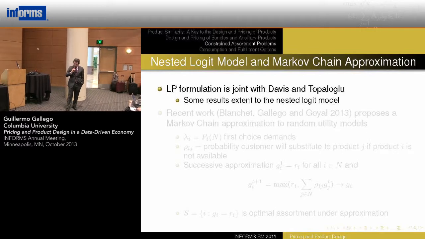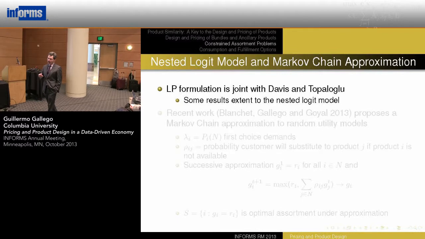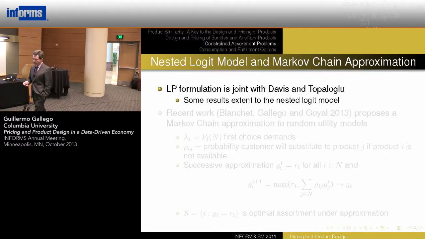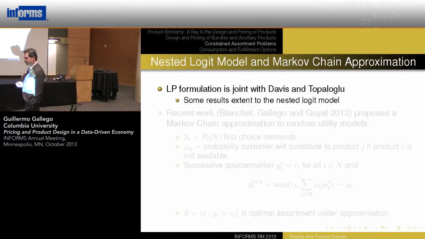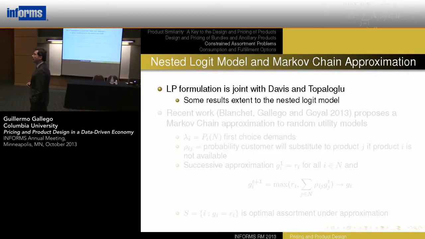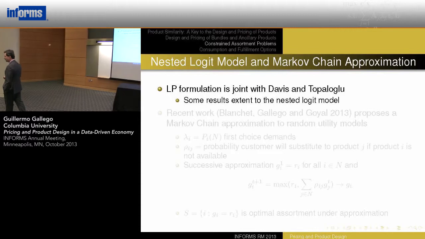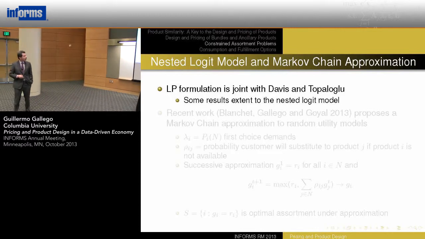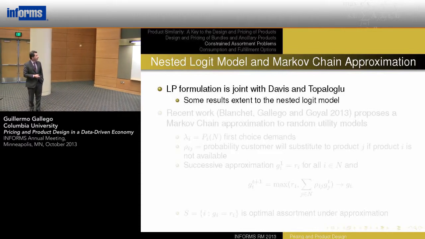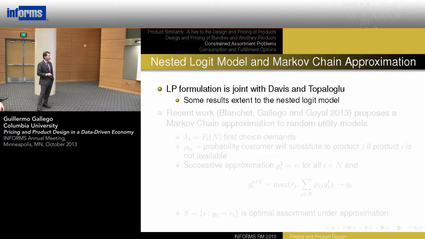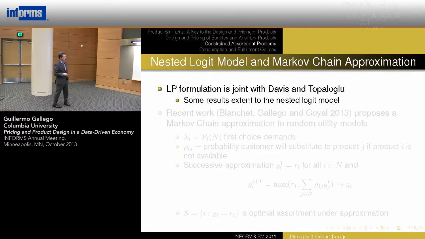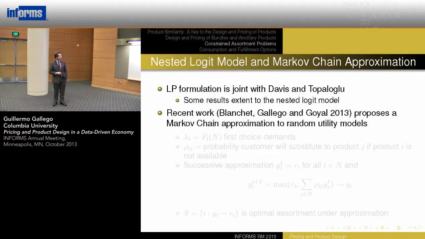But we're still concerned that even the generalized attraction model or the nested logit model may not always be able to really capture what's going on in terms of consumer choices. So recently, we've developed a Markov chain approximation to random utility models. This is work with two of my colleagues at Columbia, Jose Blanchet and Vineet Goyal.